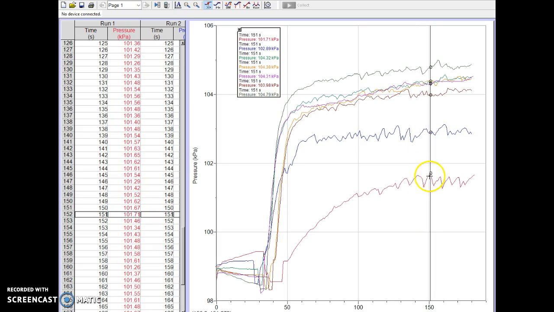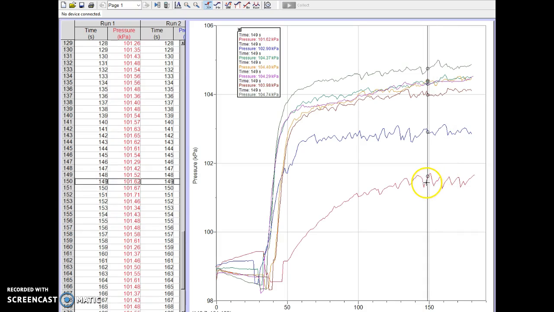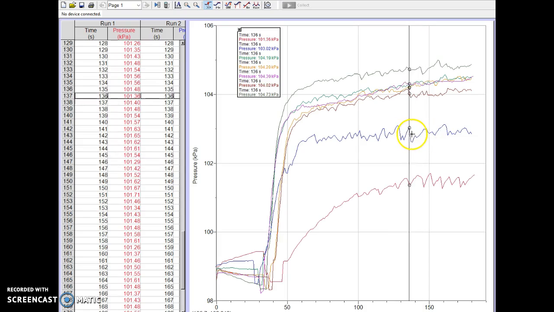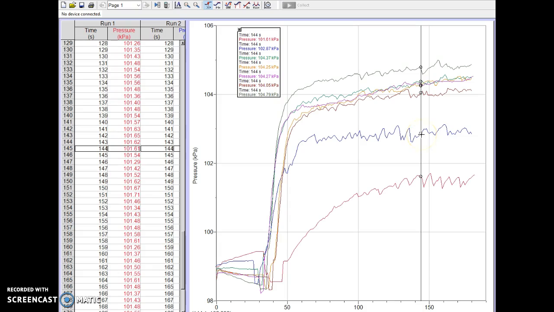Don't get the peak, don't get one of these little troughs here, and don't wait too long, because you're probably holding the flask and your hand is warming up the gas, and it may be increasing the pressure because of that. So get one of these middle points in here, and on the second one I look at it, and right about here it says it's 102.87, and so forth, all the way on up.